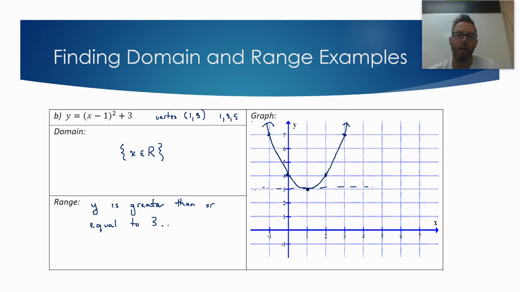So here's how we do it. We use our set notation, curly brackets, and we say that y can be any real number, like that. But now we have a condition. Y just can't be any real number. It's greater than or equal to 3. You can use a comma, which is fine.